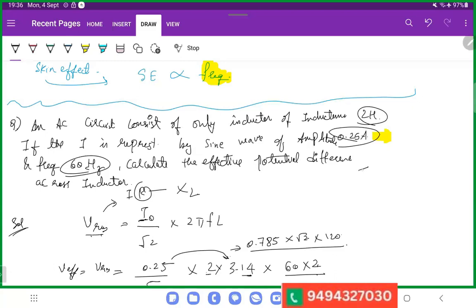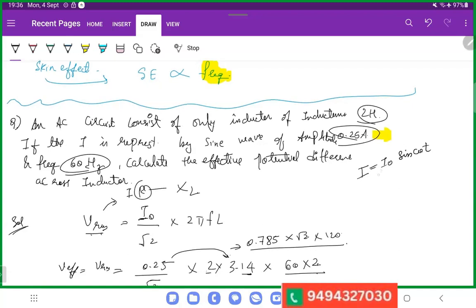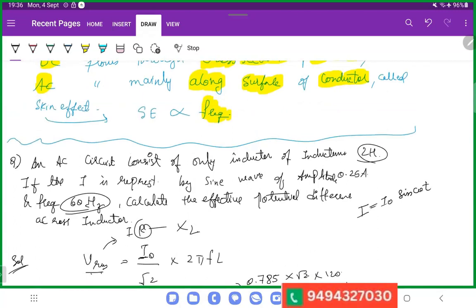What is amplitude? How to find amplitude in the equation? Which is the amplitude here? Amplitude is 0.25, that's the value. Where will we substitute it, in place of what? I naught. So this is the amplitude.